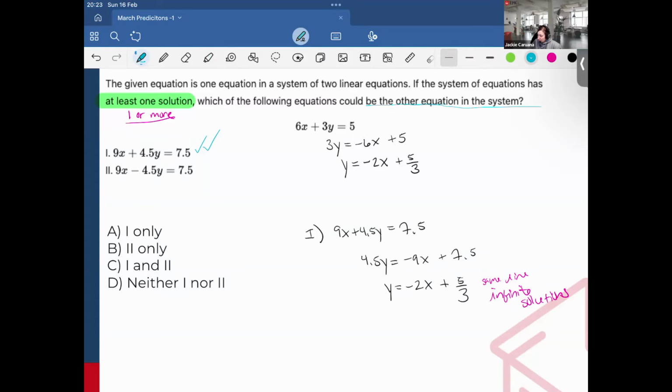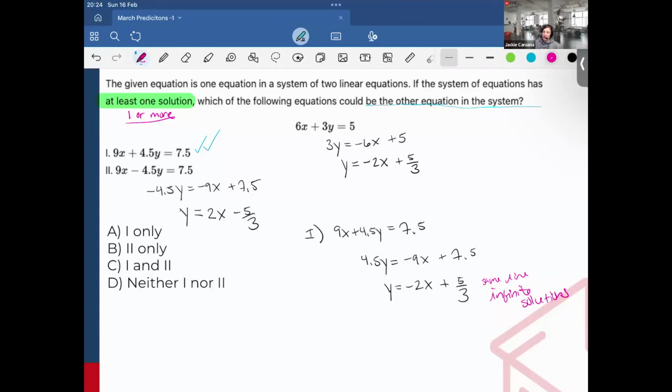And then this one will basically be the same, except negative 4.5y equals negative 9x plus 7.5. And then I divide everything. So this will give me positive 2x and then minus 5/3.